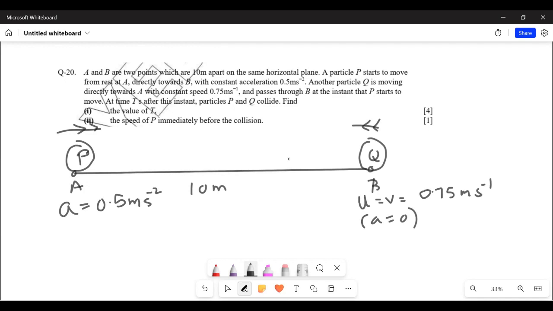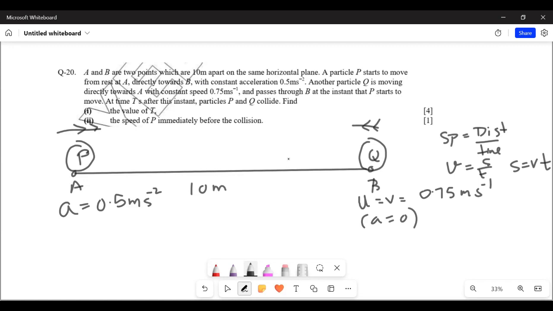And for this one, you don't use the equations of motion. That would be a waste of time. You use the O-levels formula. Speed is equals to distance over time. But now we call it distance is S, speed is V. V is equals to S by T. So S is equals to VT. So use that instead of equations of motion. This is basically speed is equals to distance over time when the speed is constant.